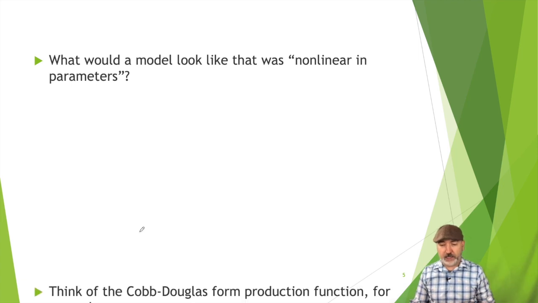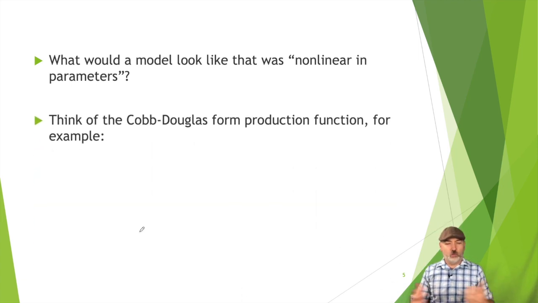So just as an aside, well, what if we were violating these assumptions, right? So what would a model look like that was in fact non-linear in parameters? You don't have to think too far to see, in economic theory, where these nonlinear models are very common.